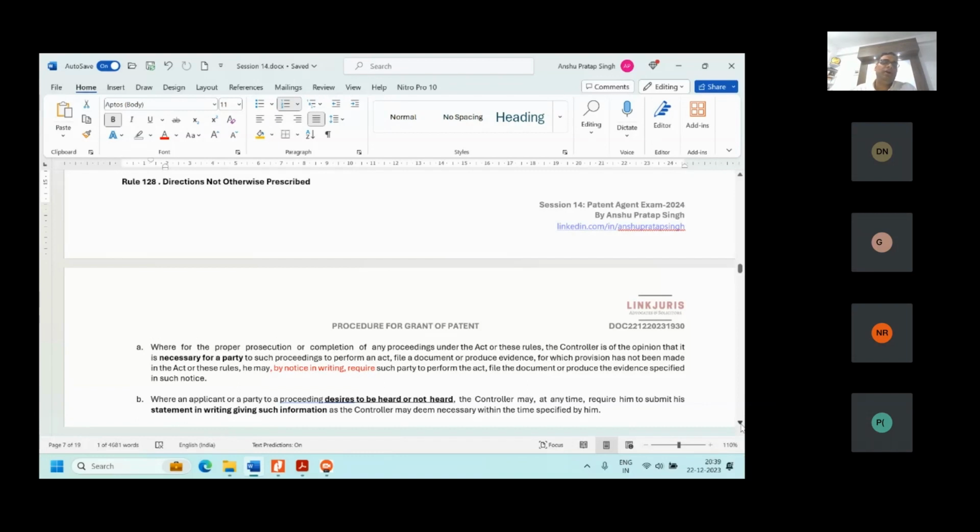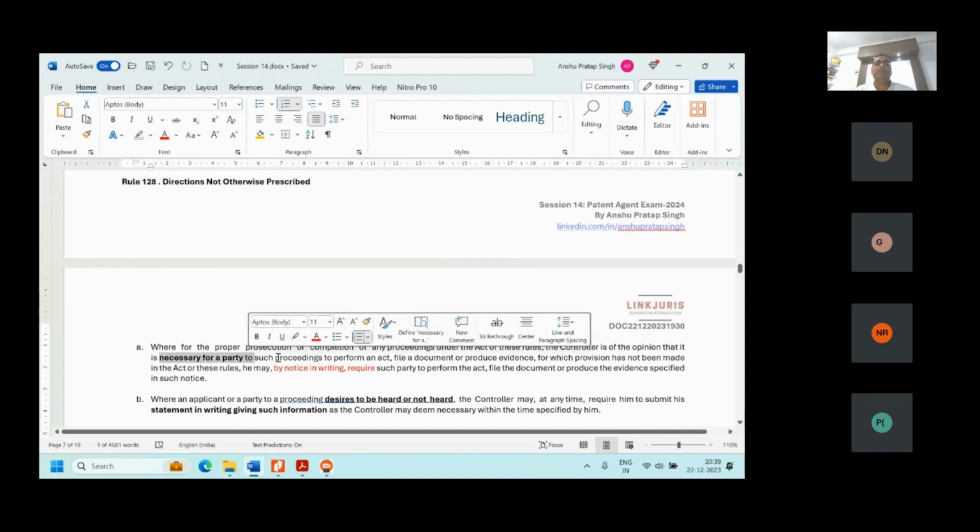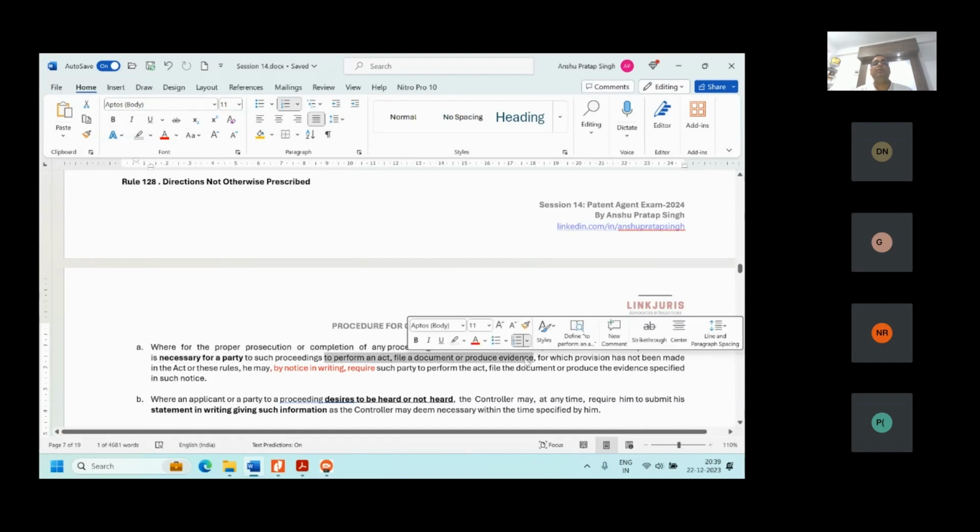If he thinks that it is necessary for a party to perform any act, file a document, or produce evidence for which no provision has been made, then he can, by notice in writing, require such party to perform the act, file the document, or produce the evidence specified in such notice.